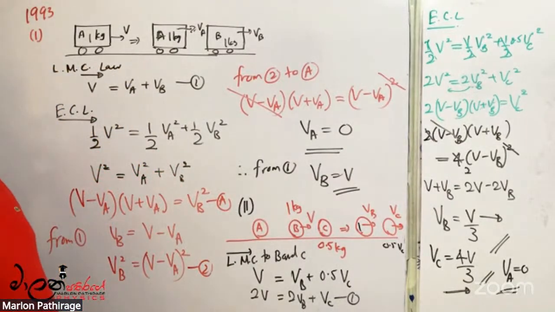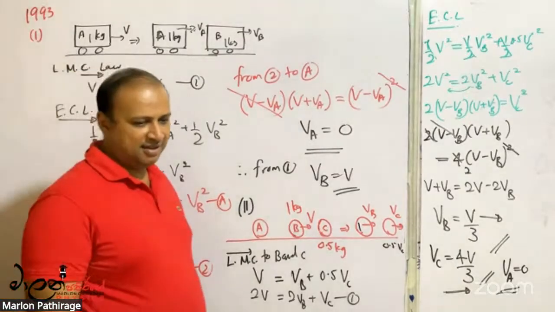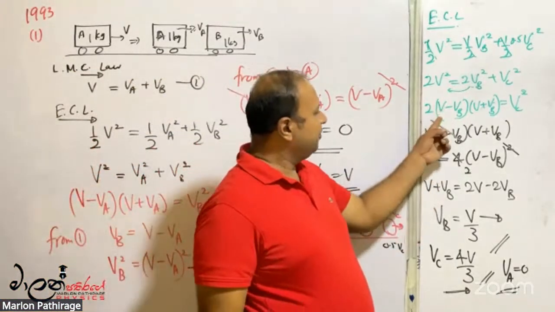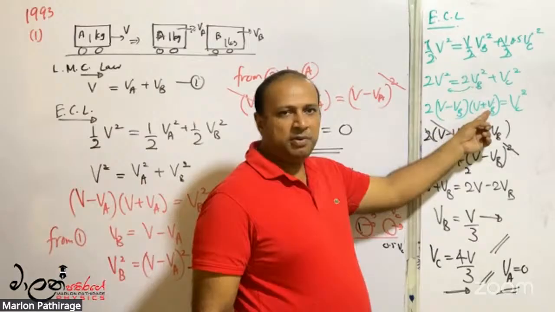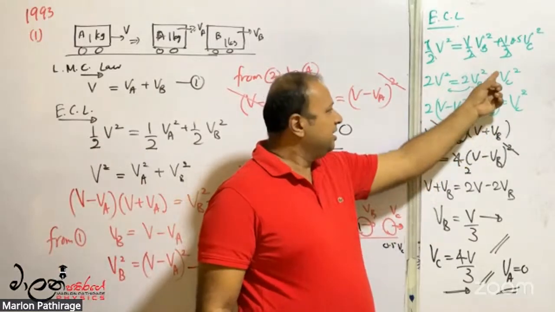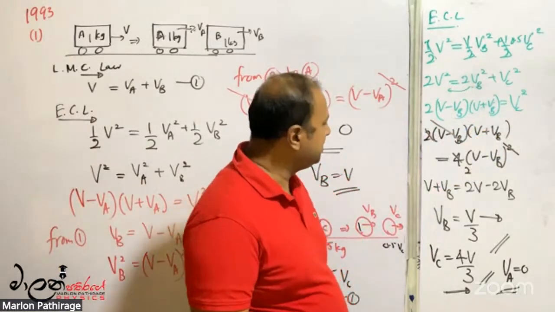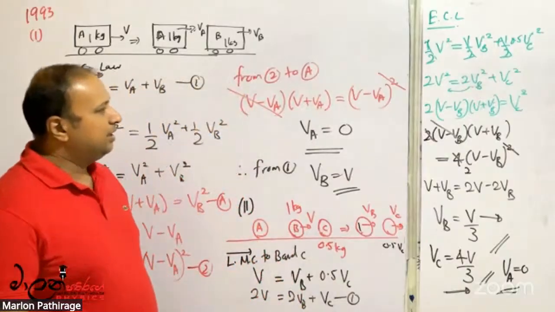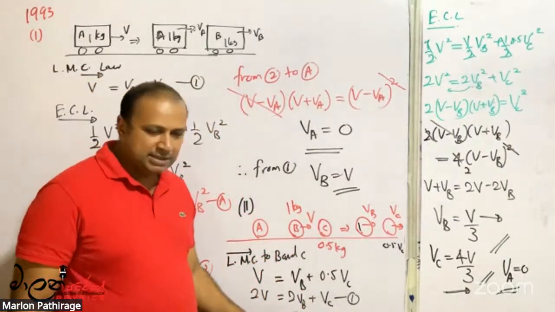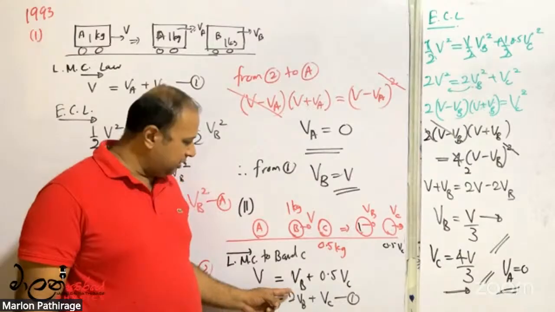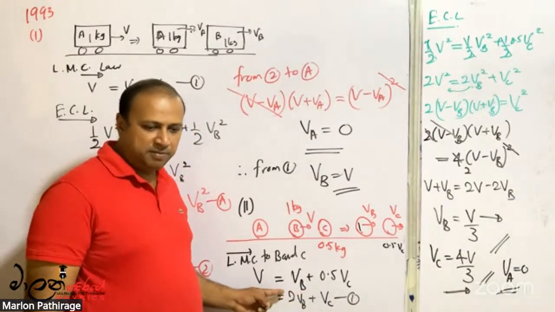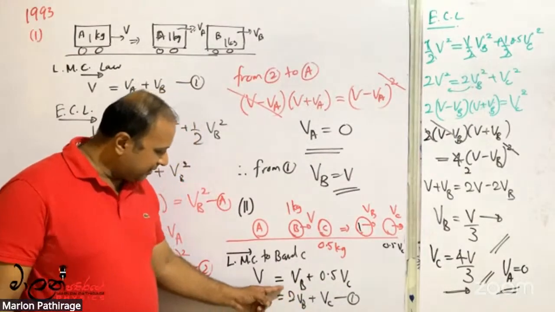So v minus vb into v plus vb, 2 times, is equal to vc squared. Now you can make vc the subject from this equation.